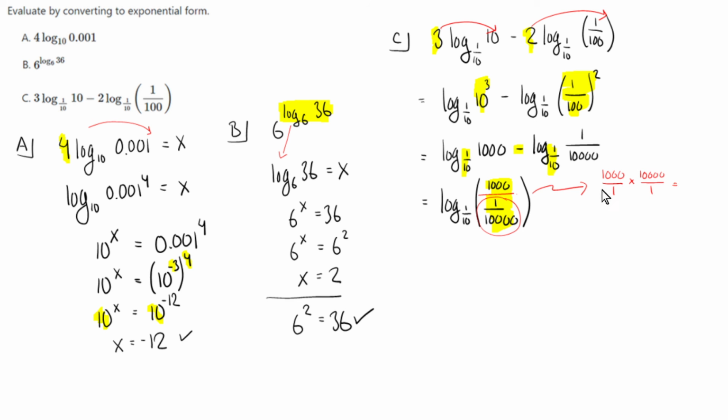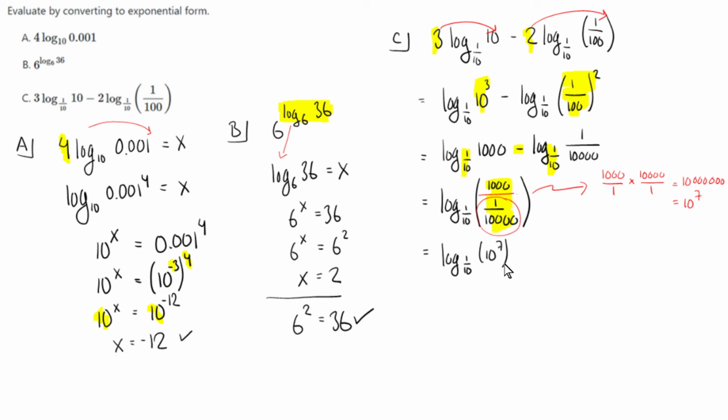If we do this product, we're going to get 10 million. Now, we don't want to write all those zeros, so we're going to write this in scientific notation, which is the same thing as 10 to the power of 7. So we can shorten this a little bit now. We can now say that this equals log with a base of 1 over 10 of 10 to the power of 7.